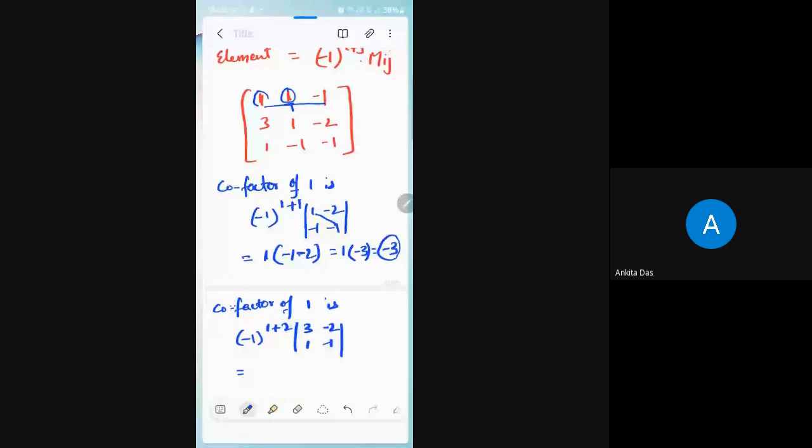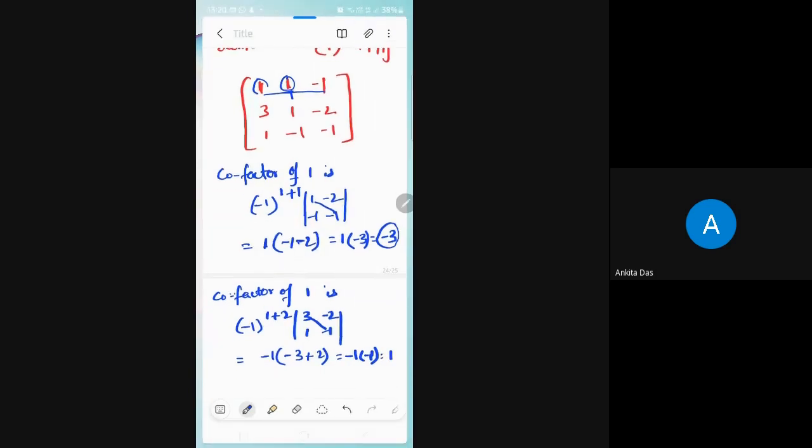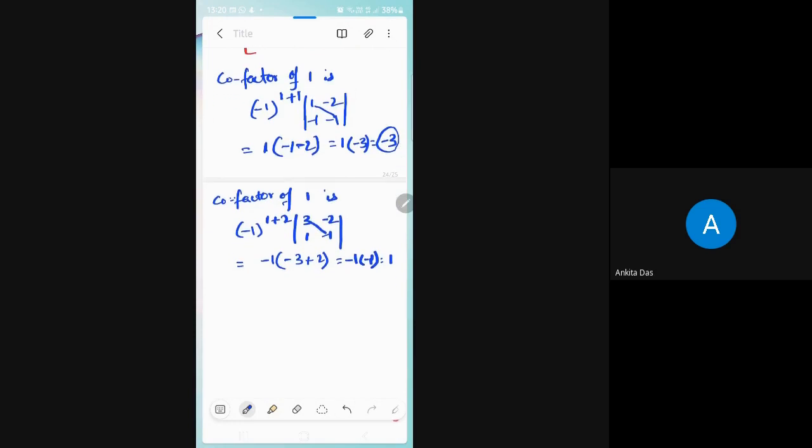This implies minus 1 to the power of 3 into ad minus bc: minus 1 minus 3, minus minus 2, which gives minus 1 into minus 1. You will get plus 1. So plus 1 is the cofactor of the second element. Similarly, the third one.